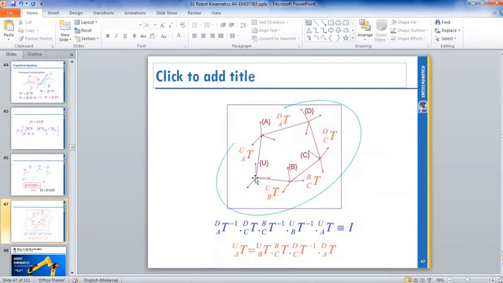Between this and this, similar. So you can see Z is vertical, X is parallel with X, and Y is parallel with Y. That means between U and B, you don't have a rotation metric. So you only have a translation metric between U and B. So this one is simple. You only have translation. It doesn't have sine, cos in your metric. You only have the values X, Y, Z. Translation metric.